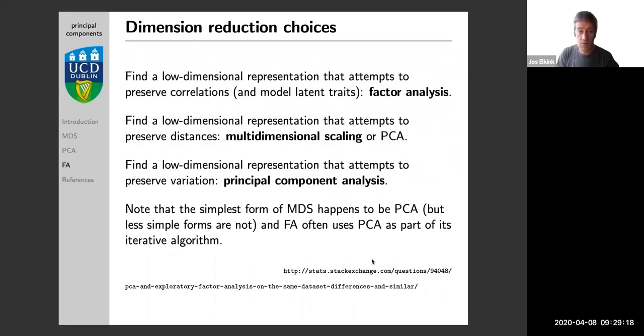So we have a number of dimension reduction techniques. If you want to preserve correlations and you are trying to model latent traits or latent factors, latent features of this data, factor analysis is the common method. If you want to have a lower dimensional representation for visualization, for example, and you are primarily concerned about preserving the distances, variables that are far apart in the high dimensional space should stay far apart in the low dimensional space, multidimensional scaling is the method to go for.